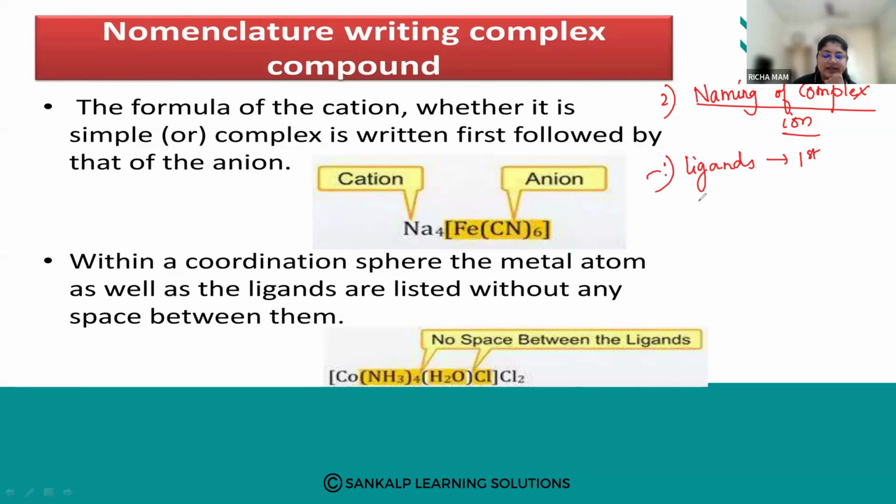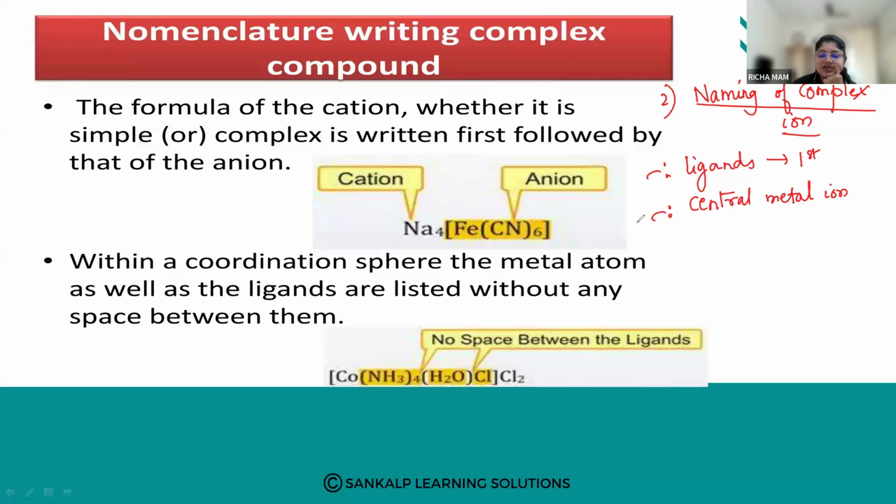Then will be your central metal atom, ion. So first will be your ligands, and then your central metal atom.